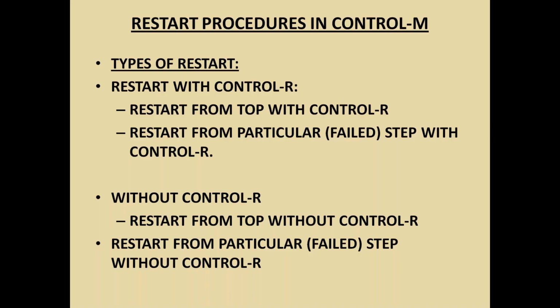Then without controller restart: restart from top without controller. Again there is one more, restart from a particular step without controller. Here also there are two options, from a step or from top. First we will go with the screens which explain the Control-M restart.